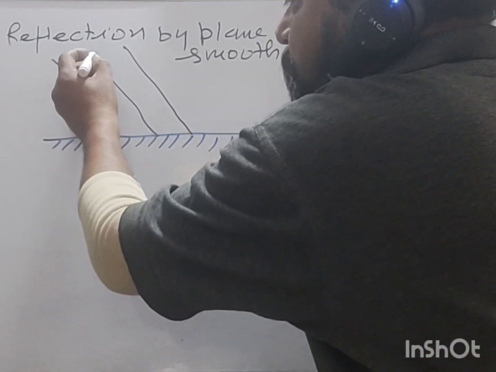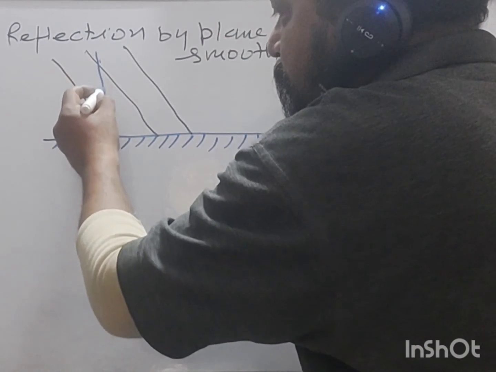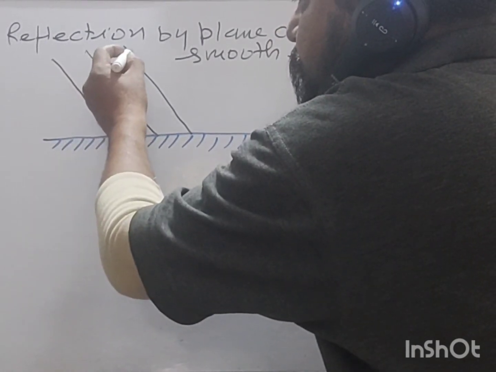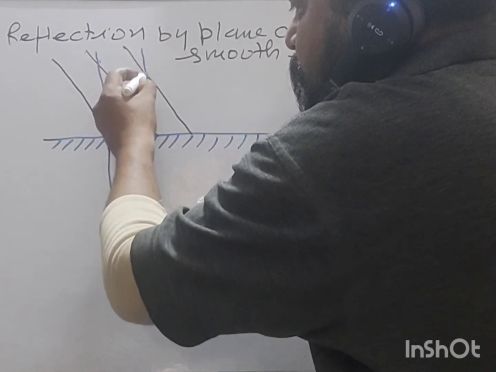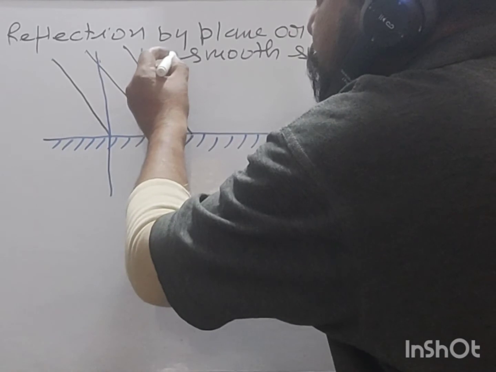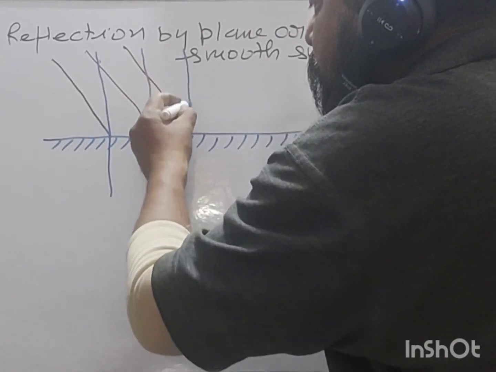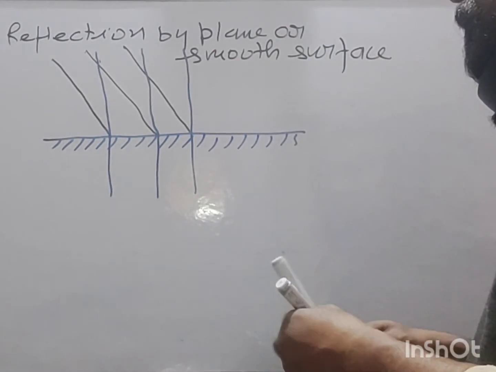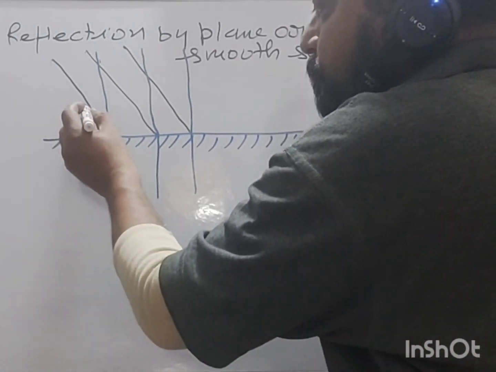And this is the normal for incident ray 1, this is the normal for incident ray 2, and this is the normal for incident ray 3, right?